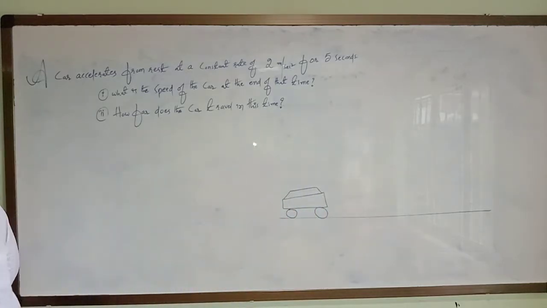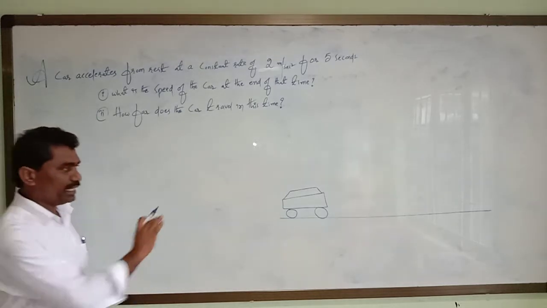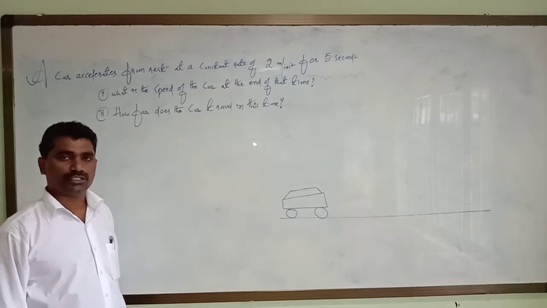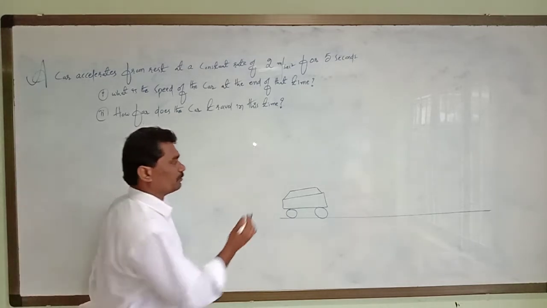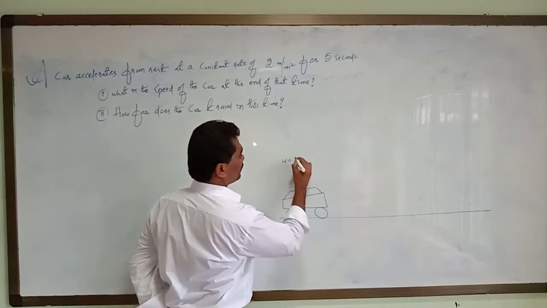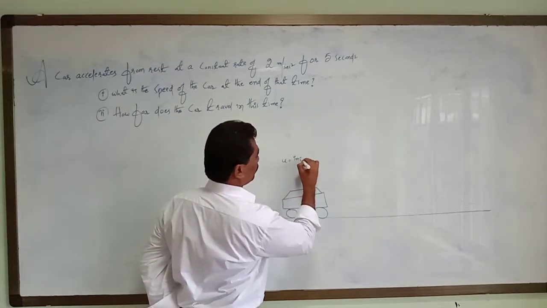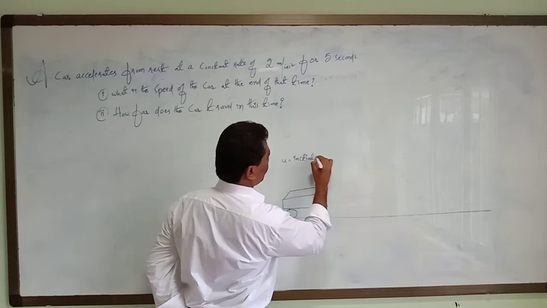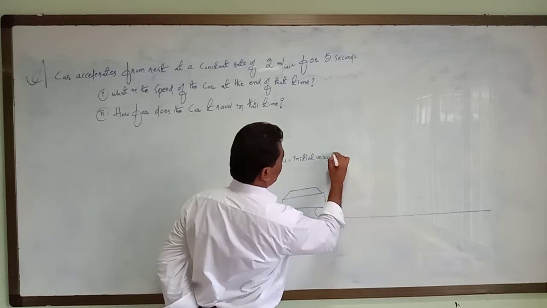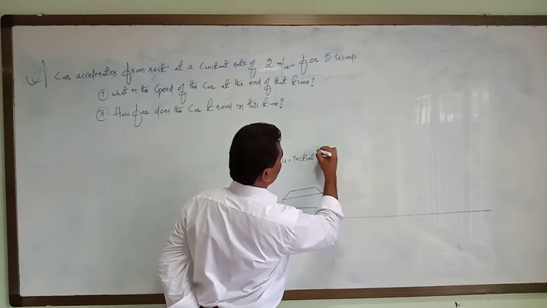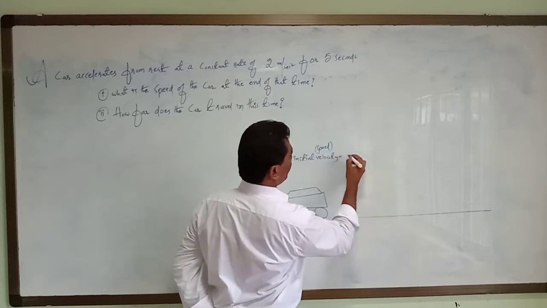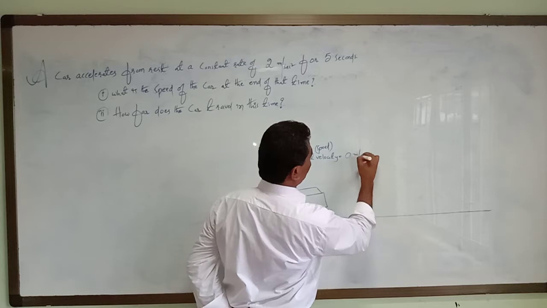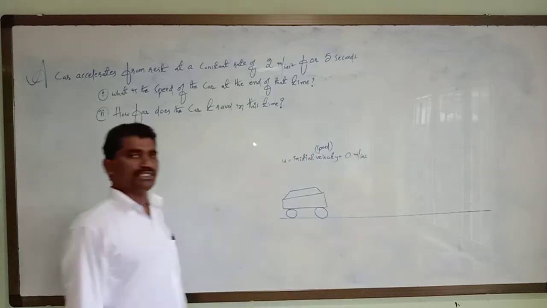This car is at rest position, so that's why the initial speed of the car is taken as 0. Initial speed u is equal to 0 meter per second.